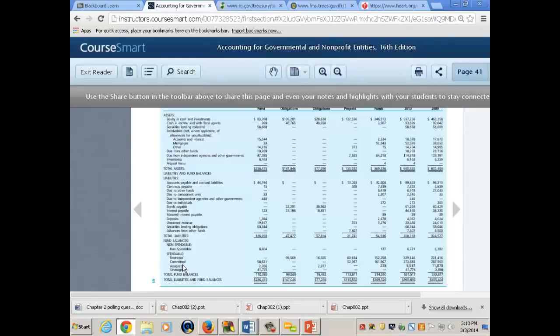And this is an interesting part because remember the measurement basis, the focus, flow of financial resources. Capital assets, is that flow of financial resources? No. Capital assets, you can't use them to exchange, to use them as cash, right? Same thing with long-term liabilities.